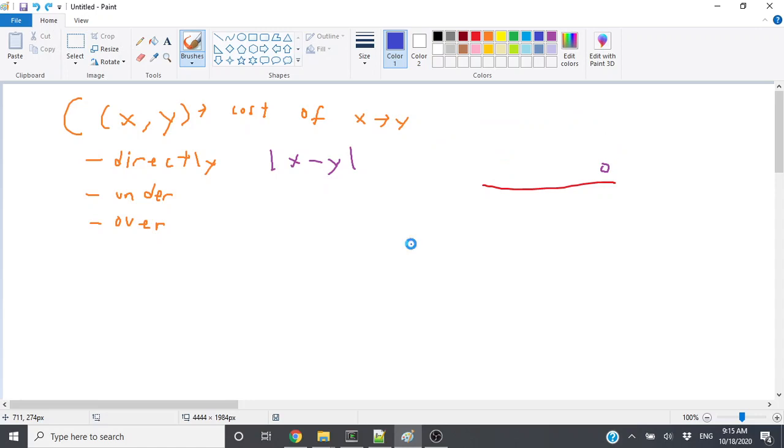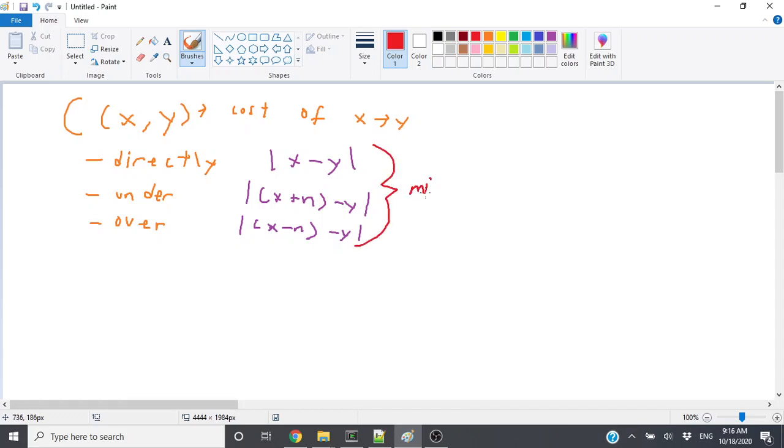So if we go under, we shift it n to the right, and therefore it's the distance between x plus n and y. If we go over, we shift it to the left, and therefore it's x minus n, minus y, that absolute difference, because this absolute difference is just the distance. So that's cool. And then the cost c of xy is the minimum over all of these.